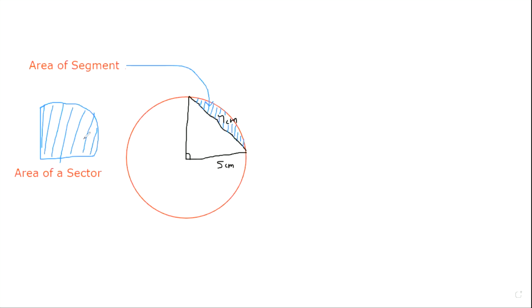Some of you are saying, where did I get this shape from? Well, it's this whole shape right there. That's what we're looking at here.